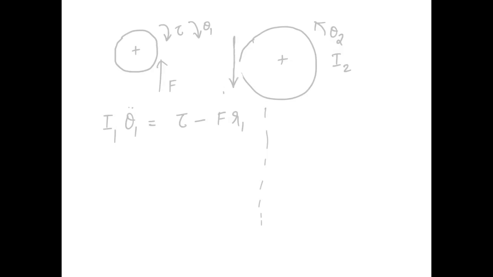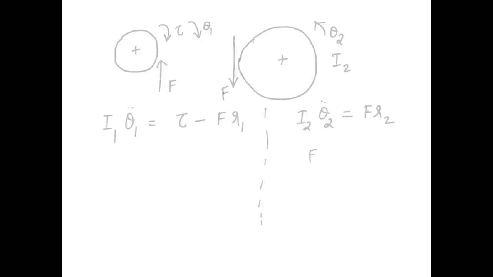This is the vertical force, the same force, applied by the pinion on the gear. Then Newton's law gives I2 theta 2 double dot equal to F times R2.